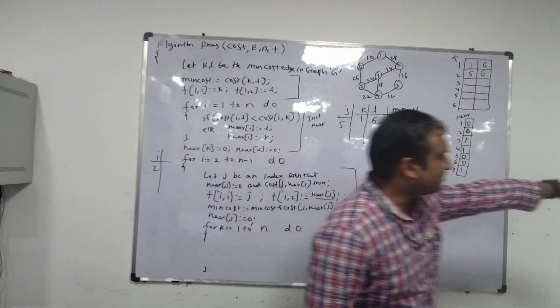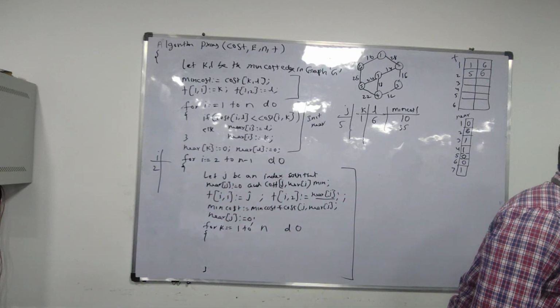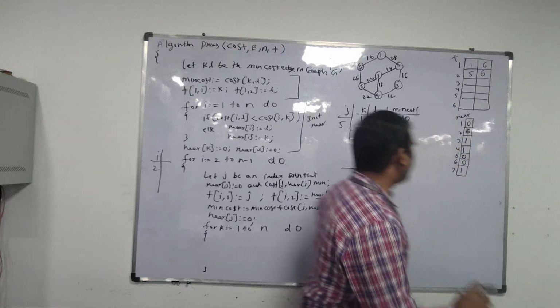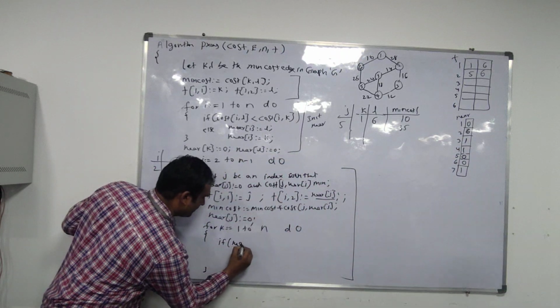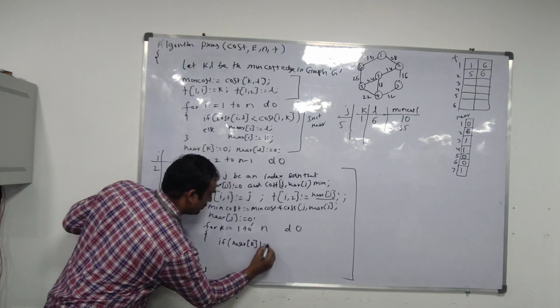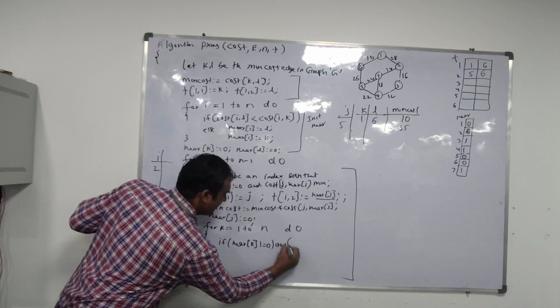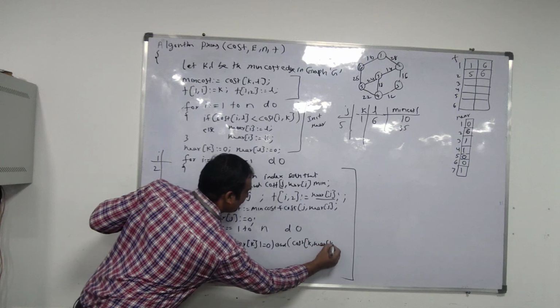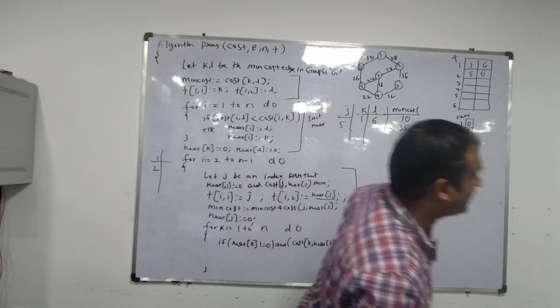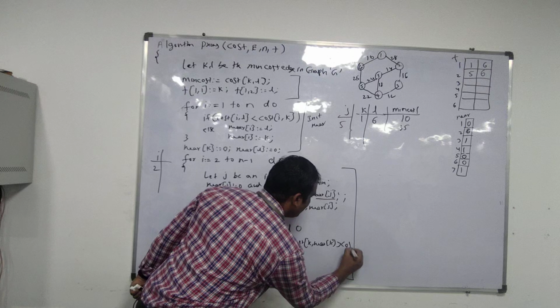Now please substitute. K is equal to 1 to n, near of k not equal to 0, and cost of k comma near of k greater than cost of k comma j.